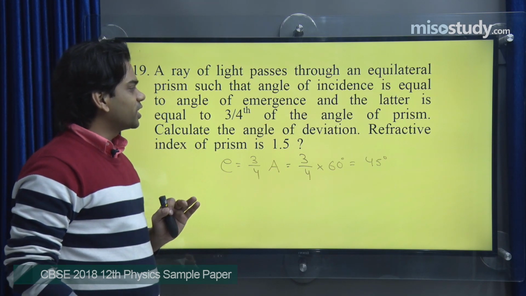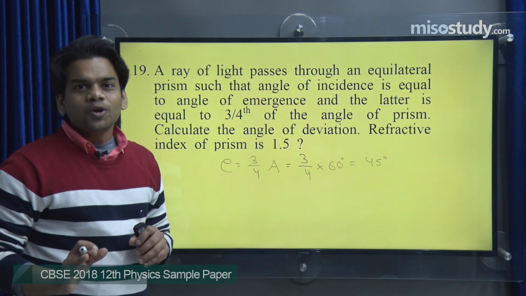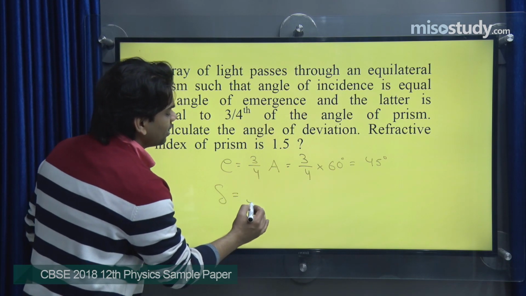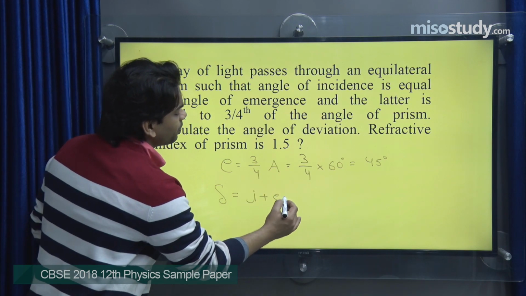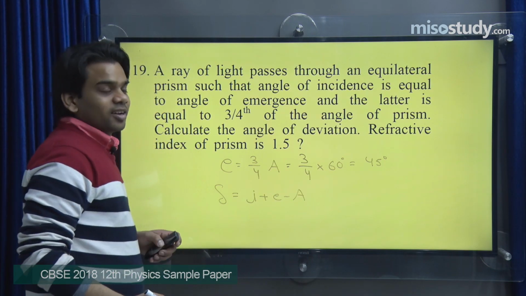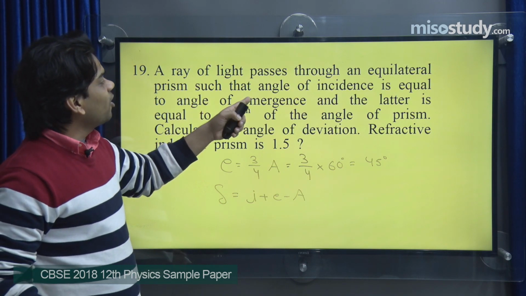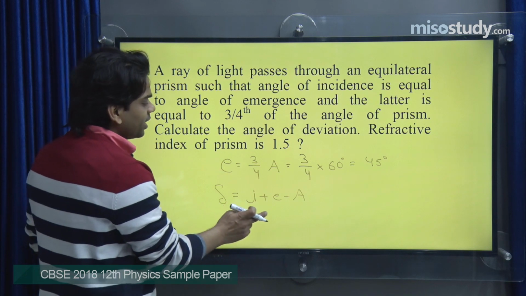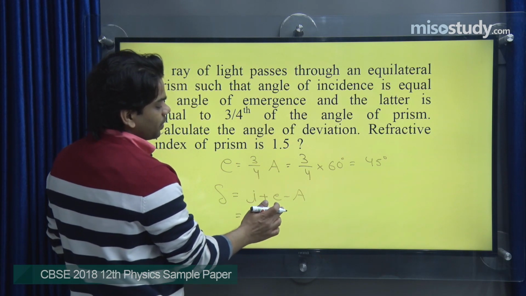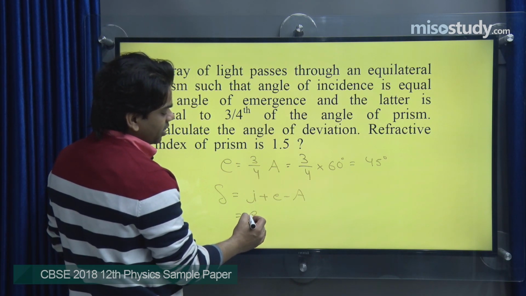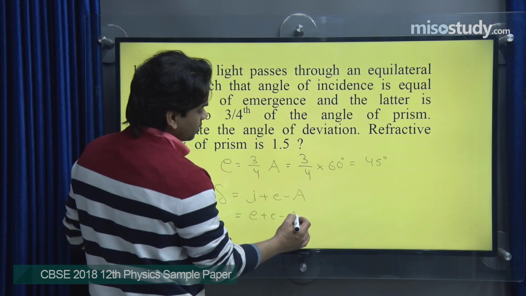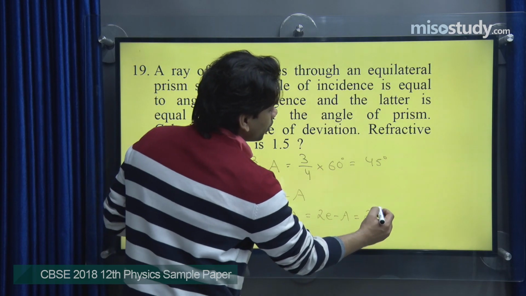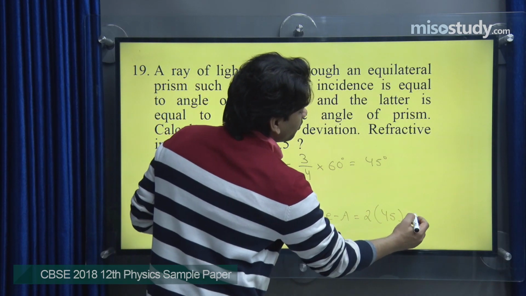Calculate the angle of deviation. Refractive index of prism is 1.5. Now angle of deviation, we all know that delta is equal to I plus E minus A. Now here it's given that angle of incidence is equal to angle of emergence. So simply you can write I plus E, that is E plus E minus A, 2E minus A. So 2E minus A, that is 2 into 45 minus 60.